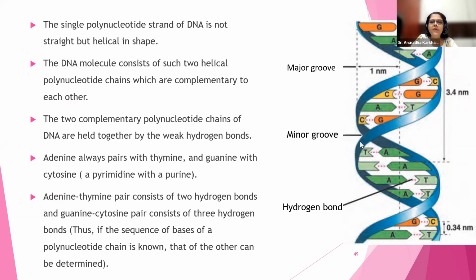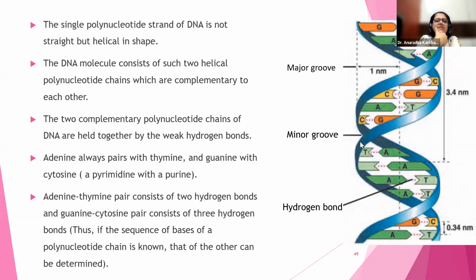The 2 complementary polynucleotide chains of DNA are held together by weak hydrogen bonds. Adenine will always pair with thymine, and guanine will always pair with cytosine. So a purine and a pyrimidine will always be together. The adenine-thymine pair consists of 2 hydrogen bonds, and guanine and cytosine will have 3 hydrogen bonds.